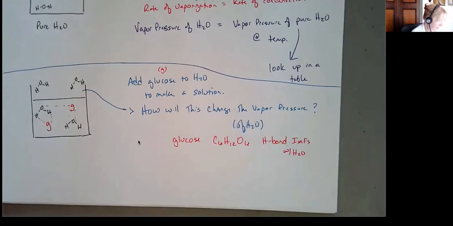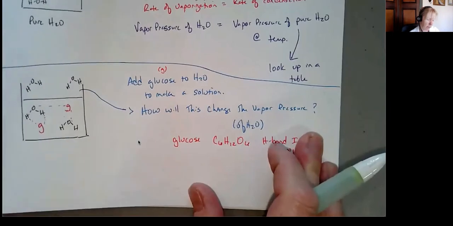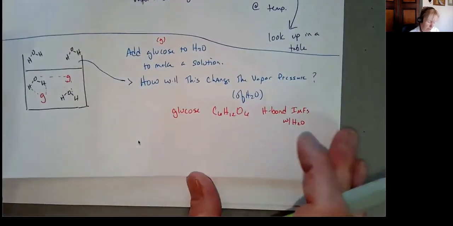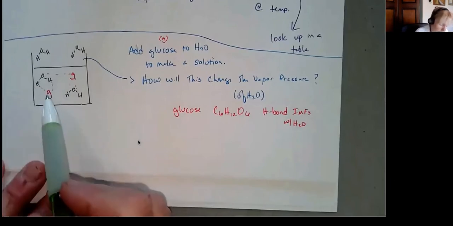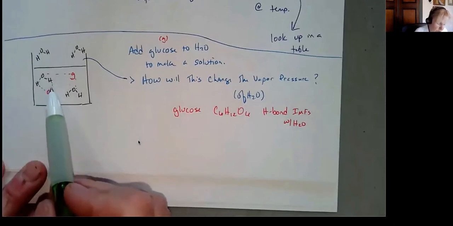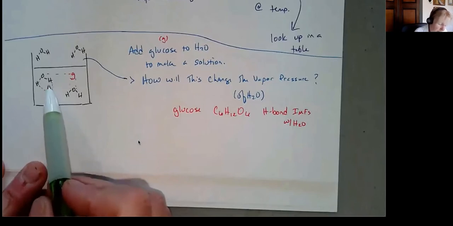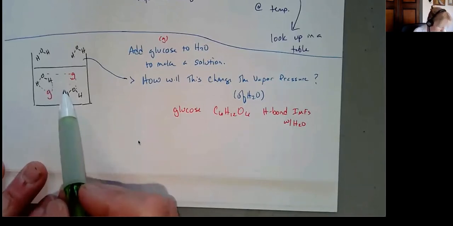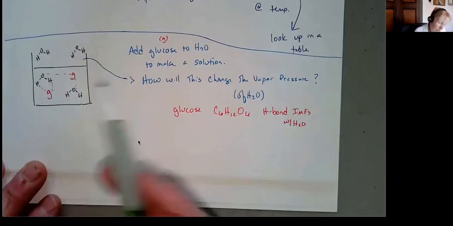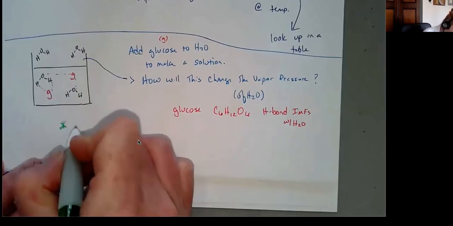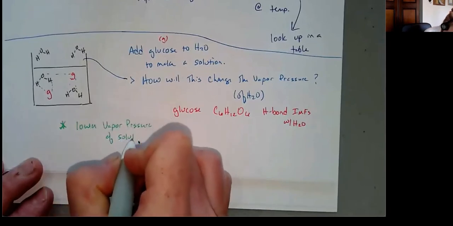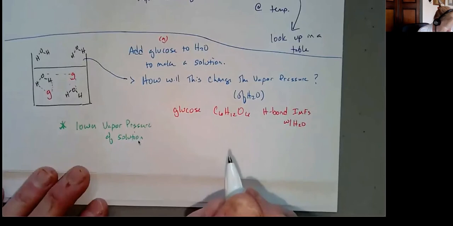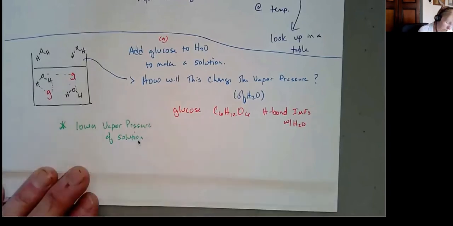If I add glucose into this and form a solution of glucose in water, glucose is going to solvate in water because it's going to form intermolecular forces with water that might be stronger than the intermolecular forces between the water molecules. And so by adding glucose in, I'm going to lower the vapor pressure of the solution. And glucose does this because it does two things.